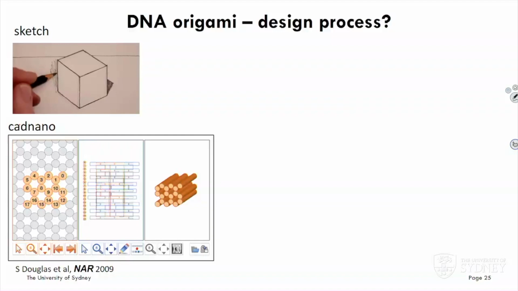And then we look at the cross-section. This is a cross-section through those helices. You can choose, like, this is based on a honeycomb lattice. You could do a square lattice, lots of different packing lattices. And then this is looking at the whole thing unfolded. So then you could say, this is how my scaffold needs to go, and these are where my staples are. But you can see we don't have any of those A's, G's, C's, and T's in there.